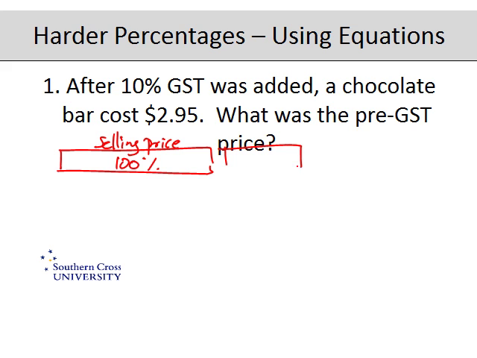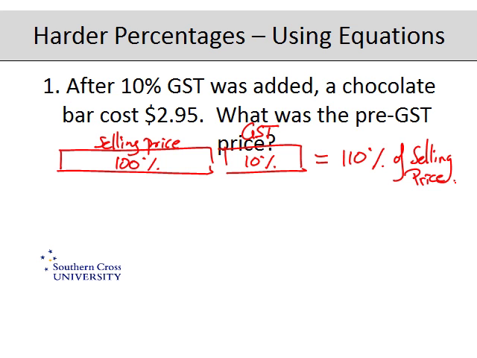And then on top of that, there was 10% GST added. So in actual fact, this price that we've got here of $2.95 represents 110% of the selling price, the original selling price before GST.